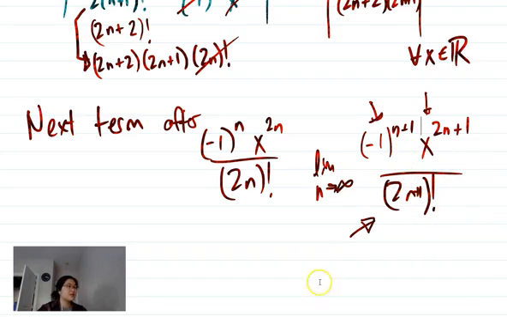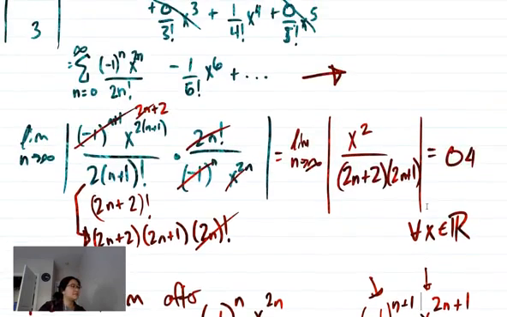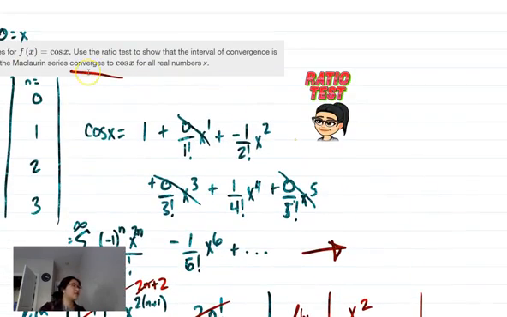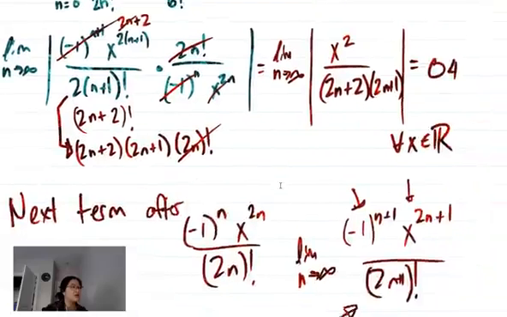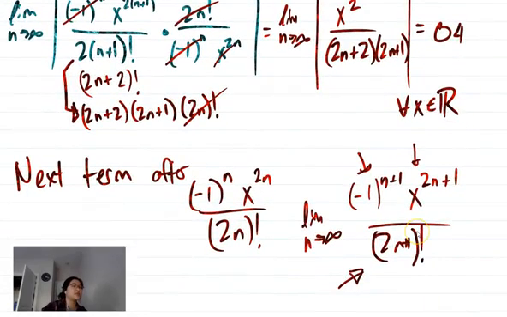I think so, because factorial is going to grow faster than any exponential thing that's happening. And so we end up with convergence for cosine for all of our x's, because this goes to 0. And that's the remainder that's going to go to 0.